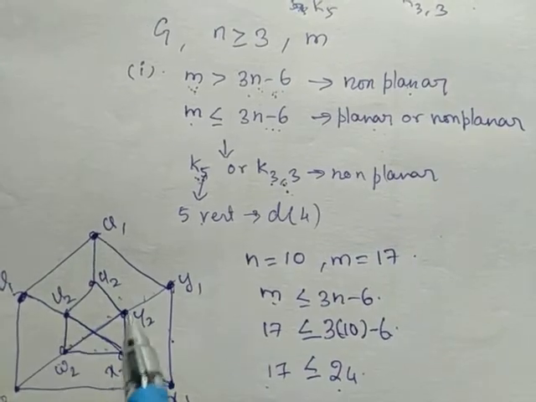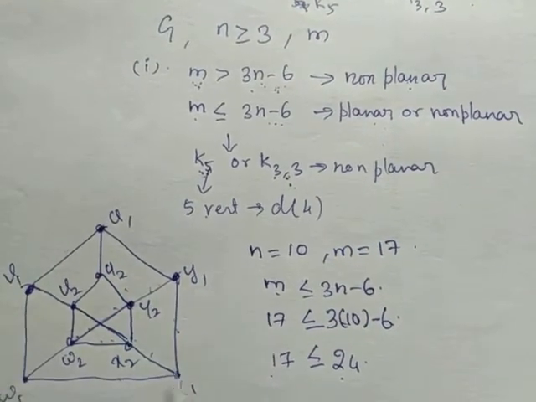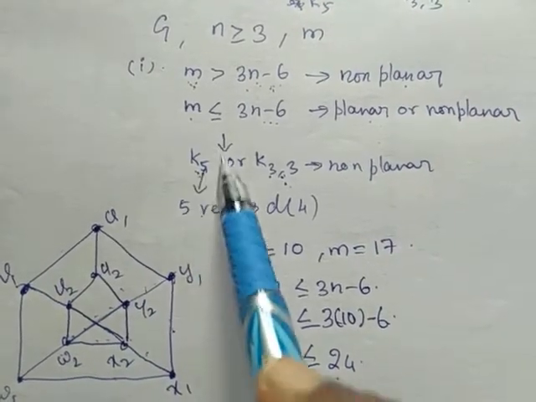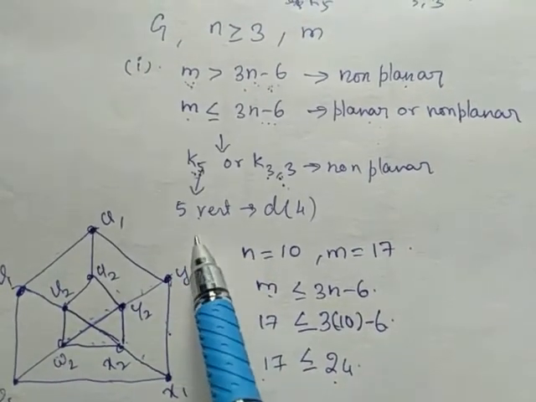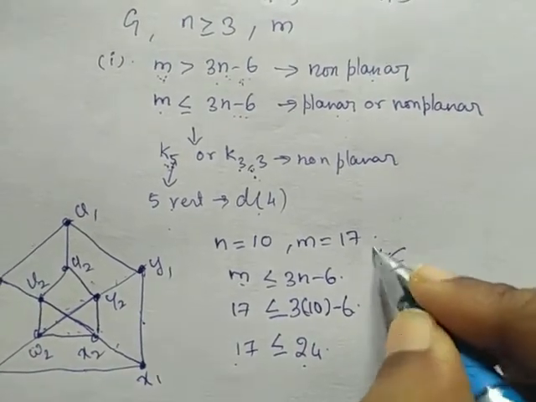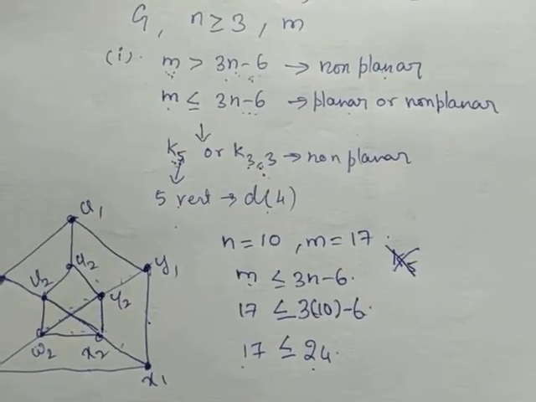Except these 4 vertices, all other vertices have degree less than 4. To have K5, it should have 5 vertices of degree 4. So, this graph does not have K5 as its subgraph.